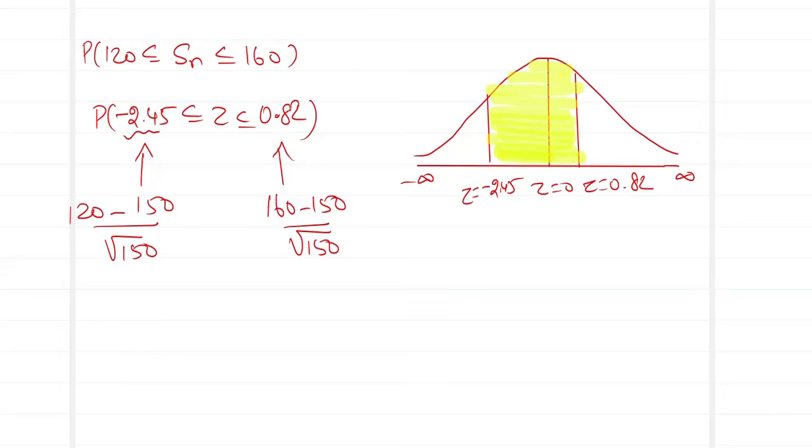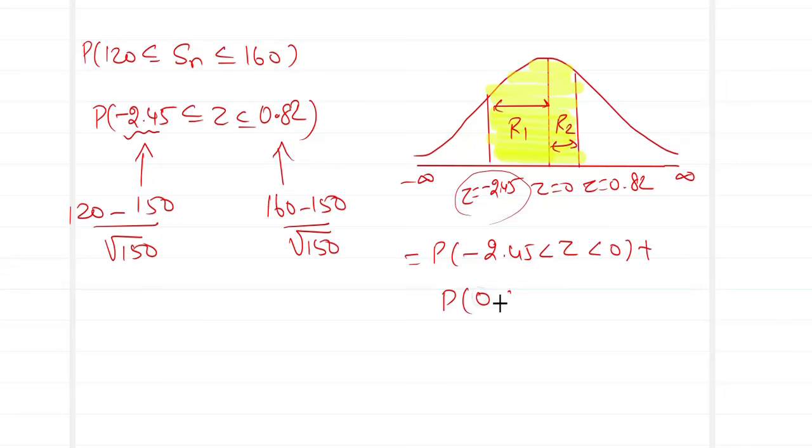Now, how to estimate this using the normal distribution chart? This portion which is negative can be flipped and its mirror image taken. First we will rewrite this in terms of region 1 and region 2. Region 1 is from minus 2.45 less than Z less than 0. And what is region 2? It is between 0 less than Z less than 0.82.